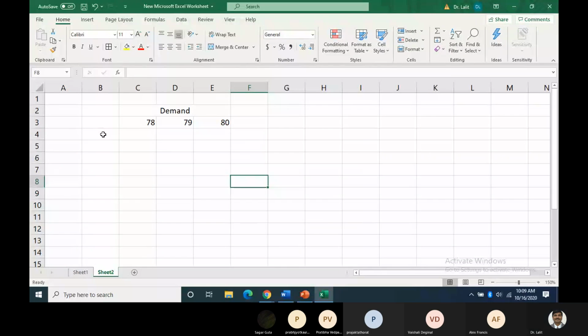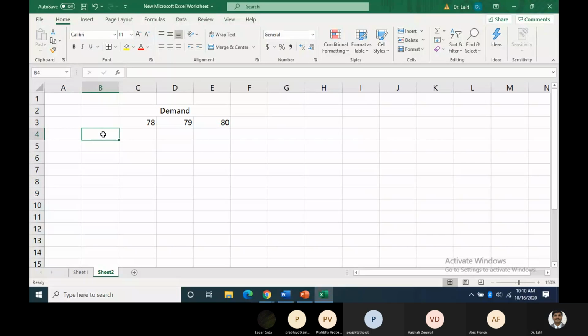Okay, so these are the states of nature. Now who is the decision maker over here? Ink manufacturer, right? Ink manufacturer is a decision maker. So what courses of action he is having in front of him? He can produce 78 bottles or 79 bottles or 80 bottles.